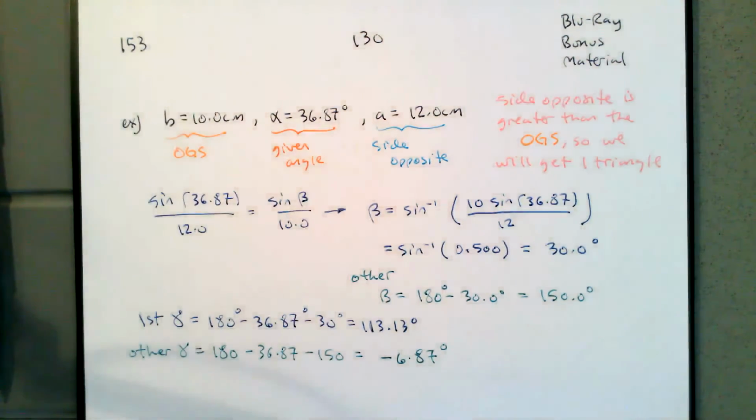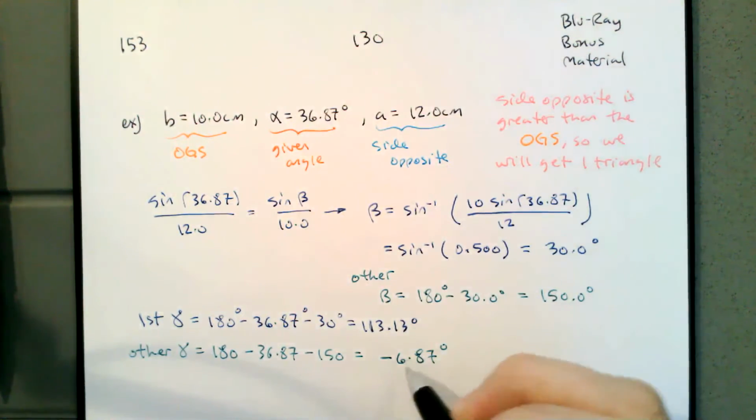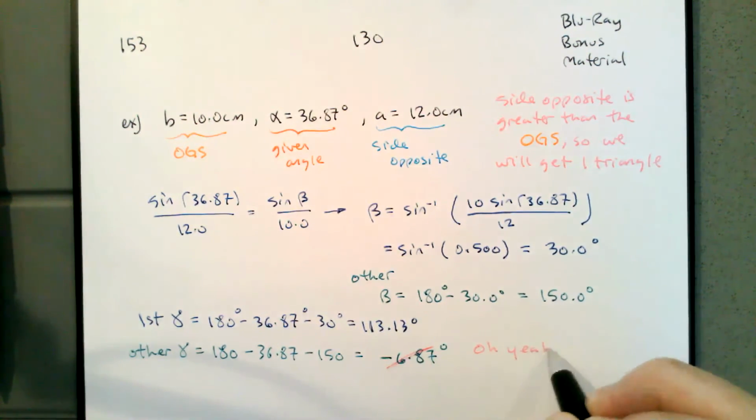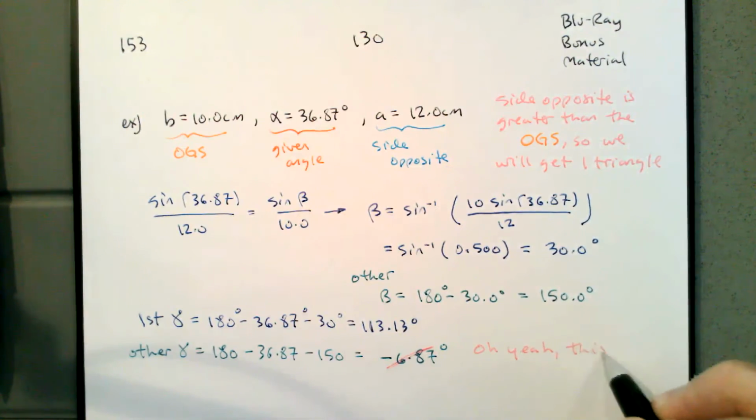Since that came out negative, that's when we should notice, hey, there's something wrong here. And then we go back to our original information and recognize that the side opposite the given angle was greater than the other given side, and that means we're only going to have one triangle. So we get to ignore this negative 6.87. And this is where we say, oh yeah, this is a one triangle case.